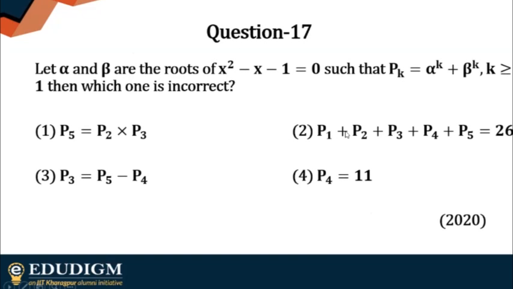Okay. So this is question 17 that you have. Alpha, beta are the roots of this particular equation. So just find out which one of the equations or relations that you have been provided here is incorrect. This is very important.